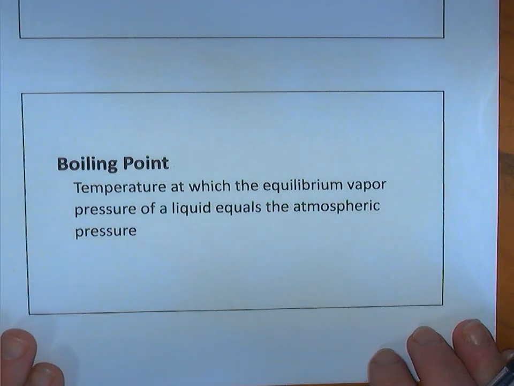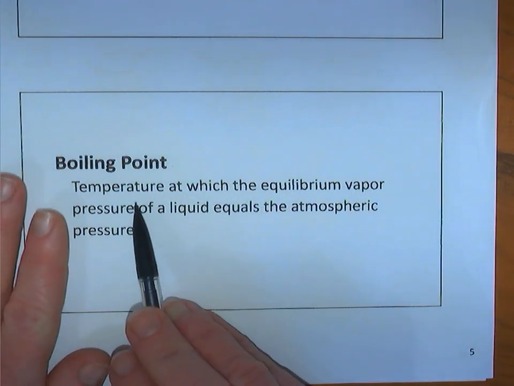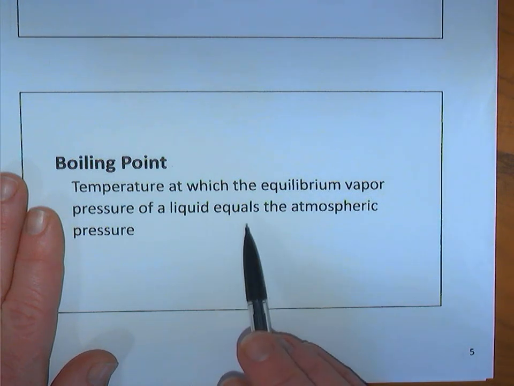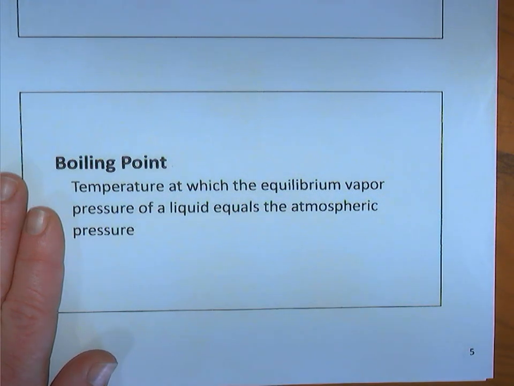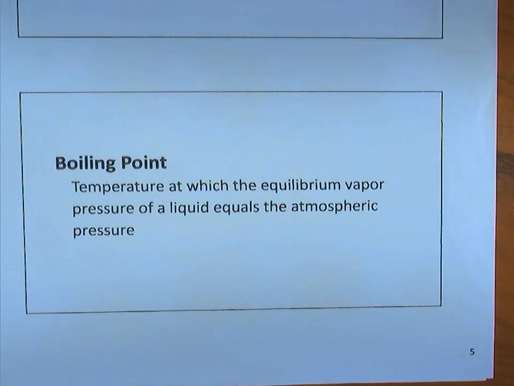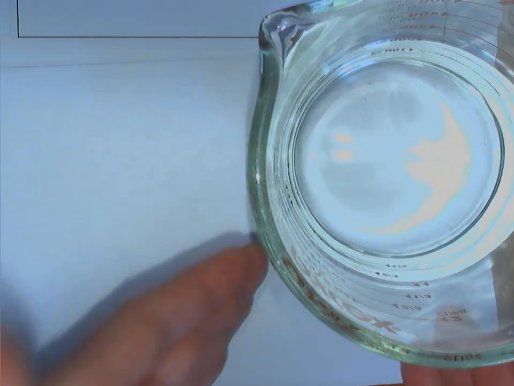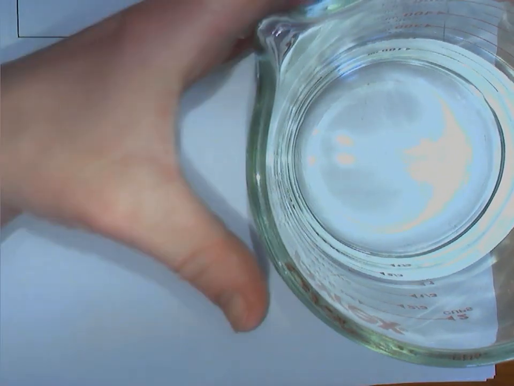Boiling point is actually the temperature at which the equilibrium vapor pressure of a liquid equals atmospheric pressure. Let's explain this further. You know that water at room temperature does not boil under normal conditions.